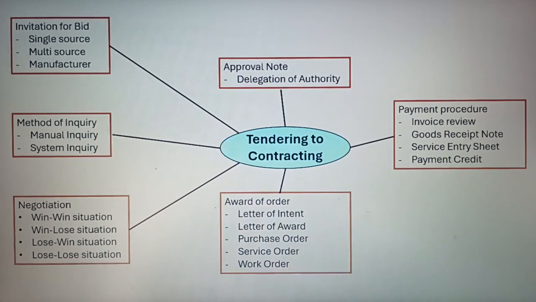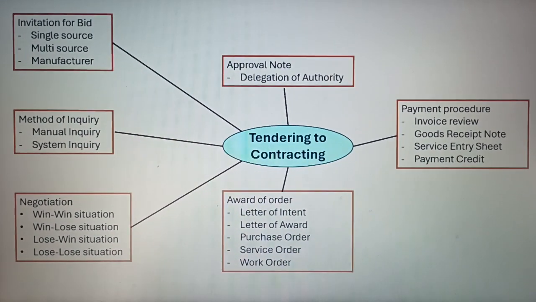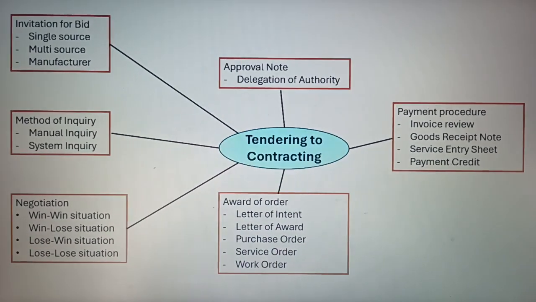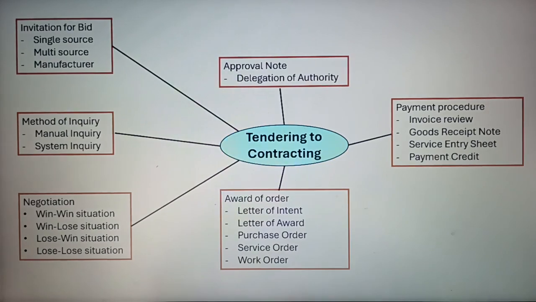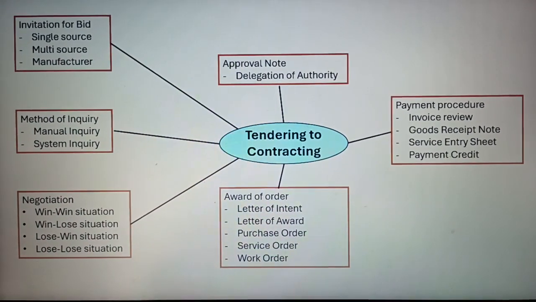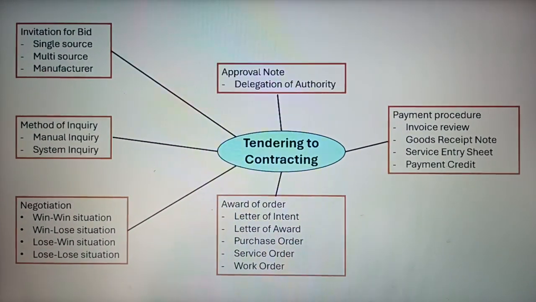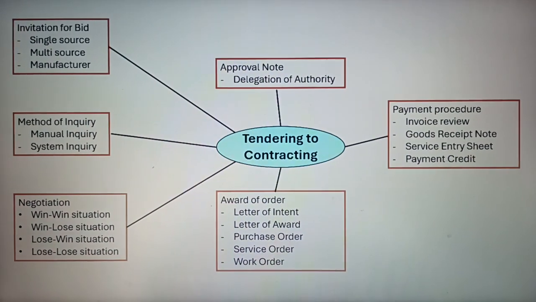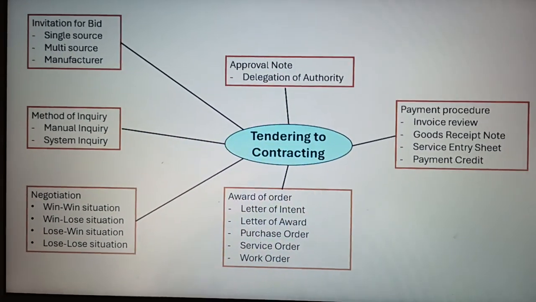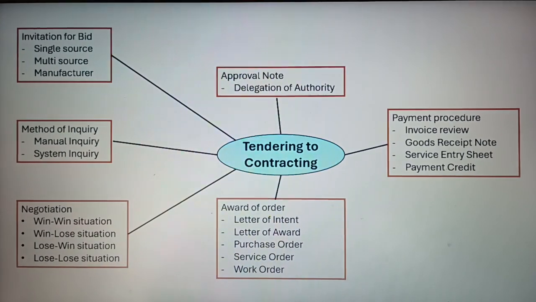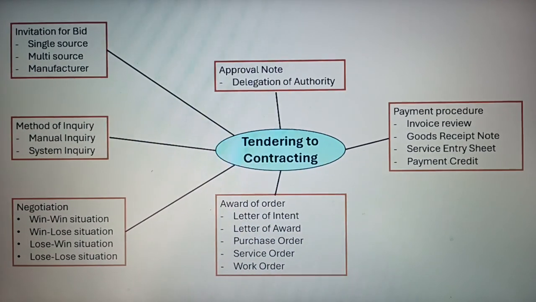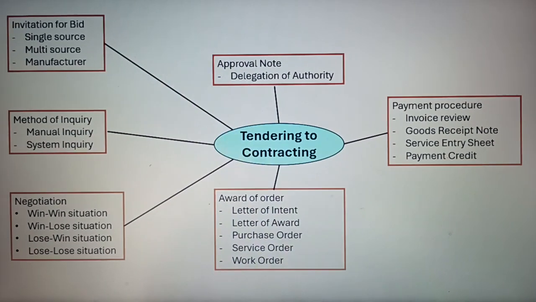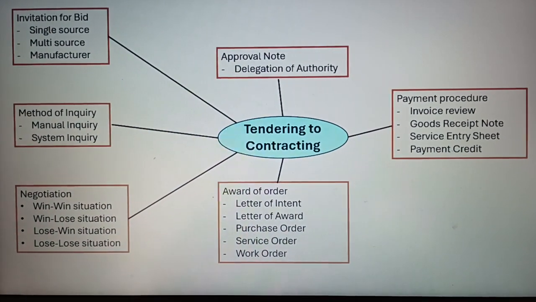But sometimes some inequalities are also generated in the payment procedure. Sometimes an internal dispute is raised. It also happens that the vendor or contractor has timely submitted their invoices and timely done their work, but due to the buyer's internal dispute, they do not receive their payment on time.